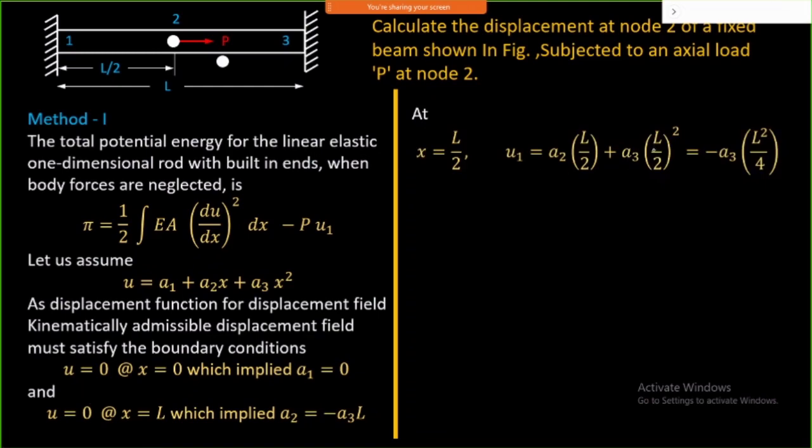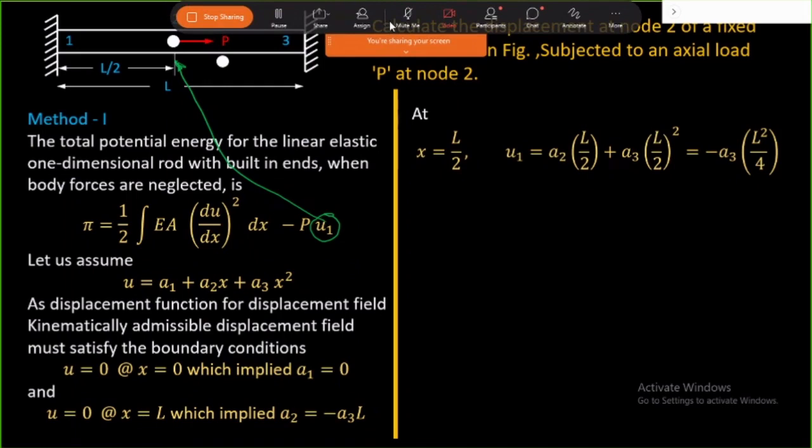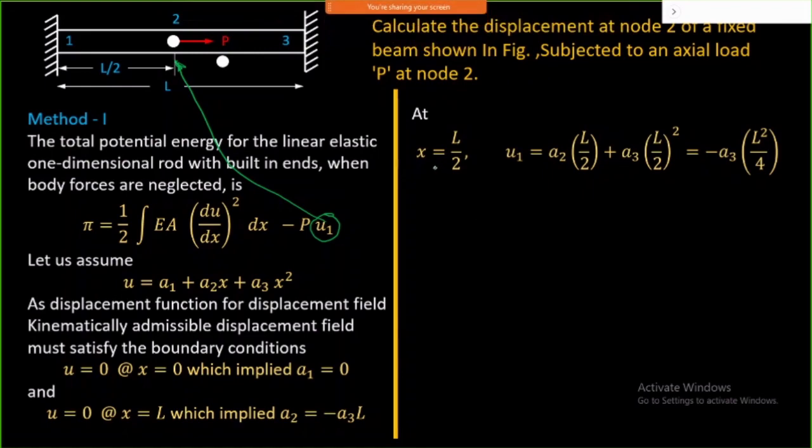First of all, we need to determine the displacement u1. U1 is the displacement of the point load, and that can be determined by substituting x equal to L into this polynomial, because this is the polynomial we assumed.